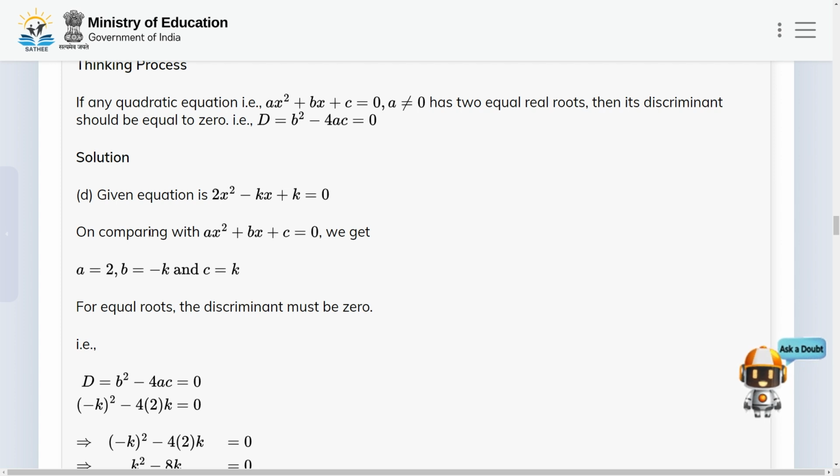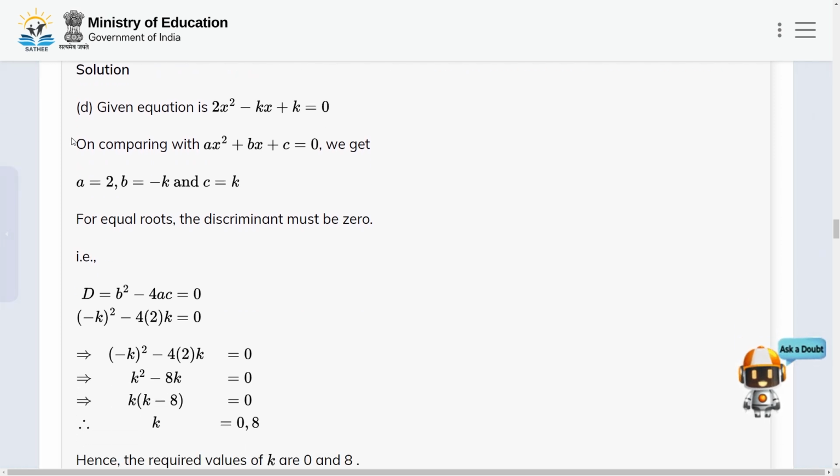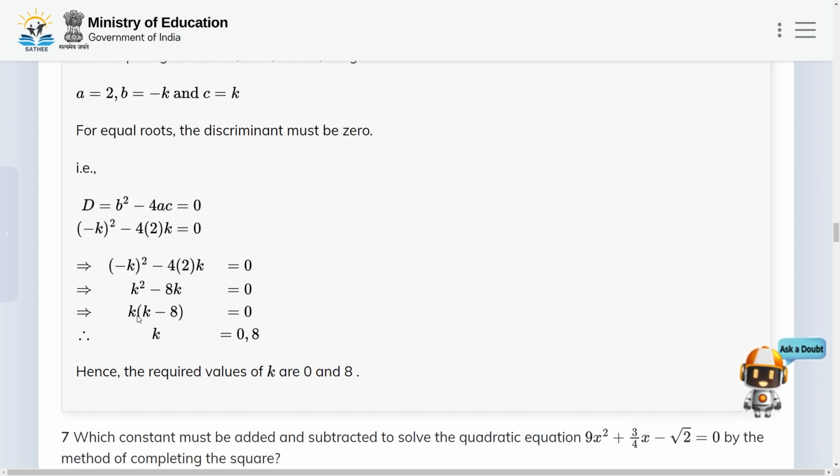Okay, and for equal roots the discriminant must be 0, so D = b² − 4ac = 0, and it implies (−k)² − 4 × 2 × k = 0, and it implies k² − 8k = 0, and it implies k(k − 8) = 0, and therefore the value of k is 0 and 8.